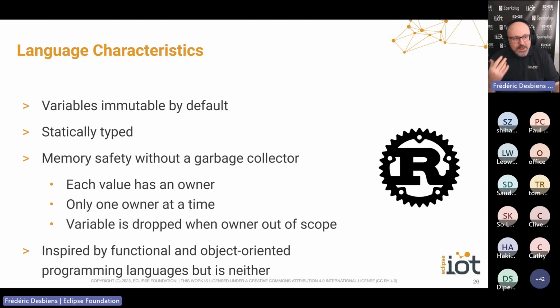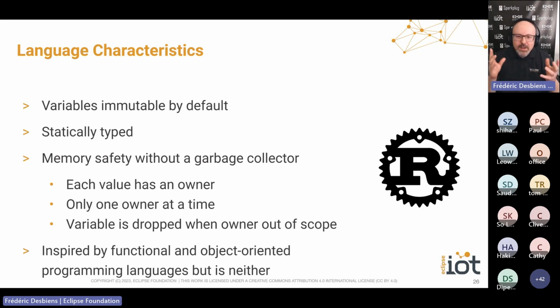It provides memory safety really without a garbage collector, which is one of the downsides, of course, of Go or Java and things like that. I'm not digging in the 3 points I have in the slide, we don't have the time, but essentially the way ownership of variables is handled means that it can provide memory safety without a garbage collector.